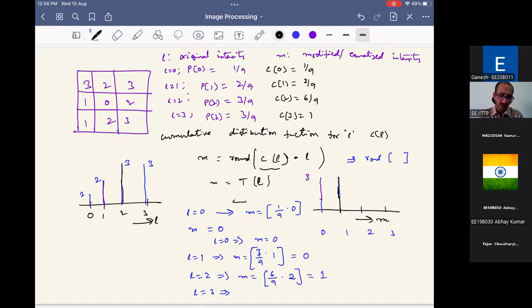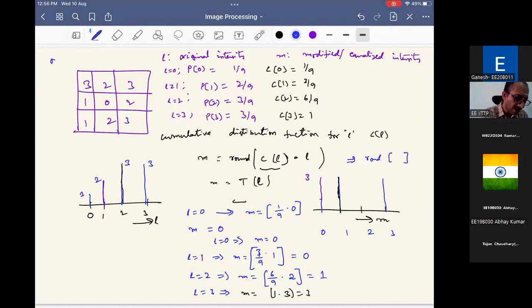Okay, so L equal to 3 implies M equal to 3. Very good. So this is the modified intensities.